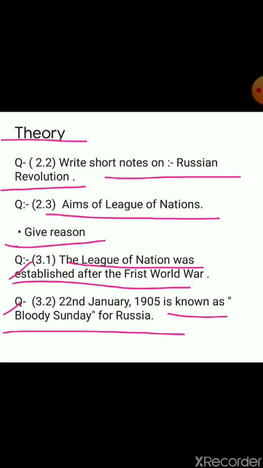With the leadership of Father Gapon, the Russian citizens went to the Winter Palace, the residence of the Tsar, with a photo and a petition. When the Tsar ordered his army to shoot, people died and the white snow was seen with blood. That day was a Sunday, so it is said to be Bloody Sunday. That is how you need to write it in your notebook.